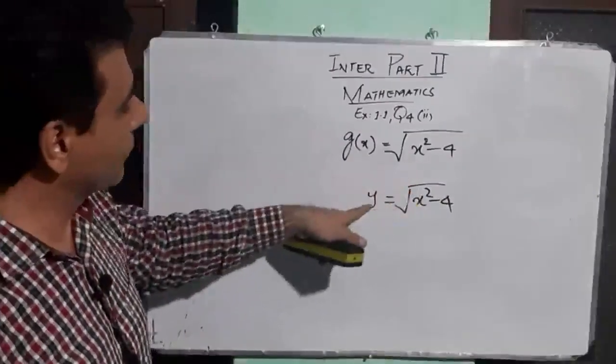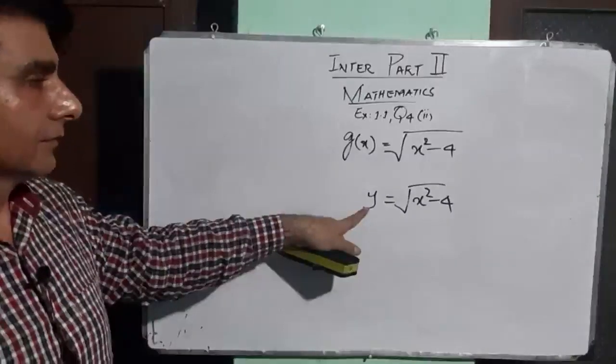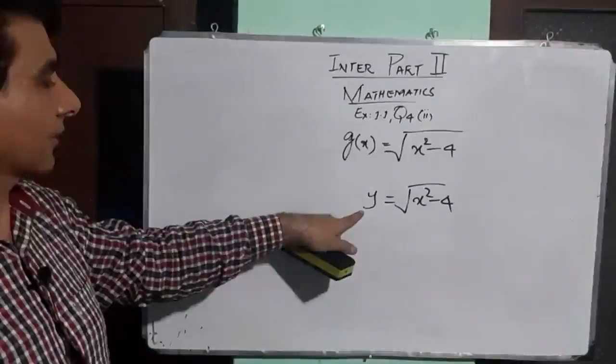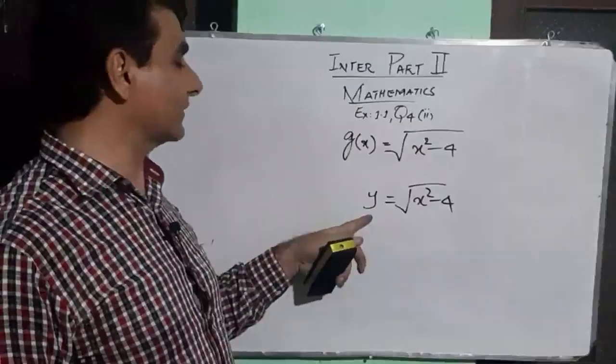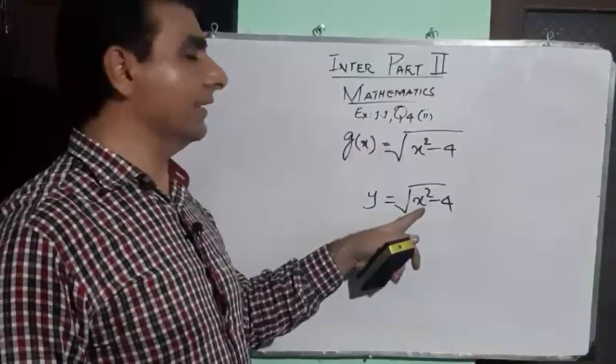Here this equals y, so it has been expressed in terms of y. Now we will invert this by expressing in terms of x.